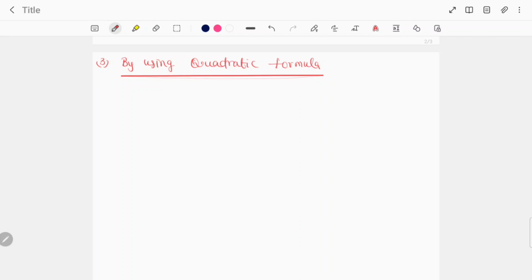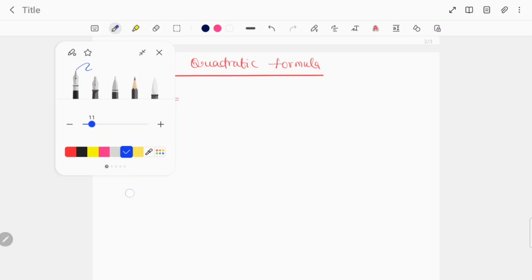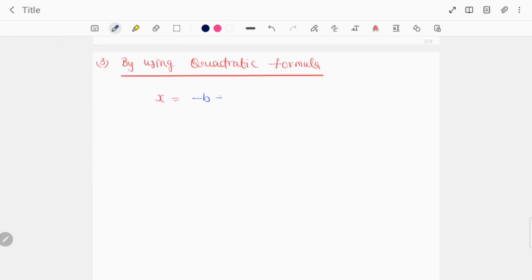So what is the quadratic formula? Here we are going to find the x value: x equals minus b plus or minus the square root of b² − 4ac, by 2a. By using this formula we find the roots directly. Here plus or minus, so that's why we are going to get 2 roots.